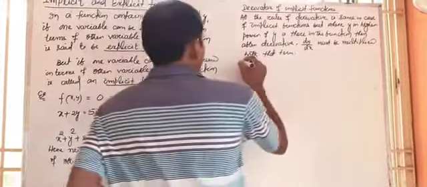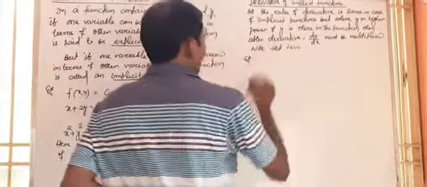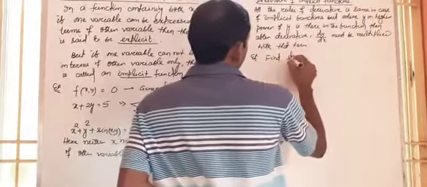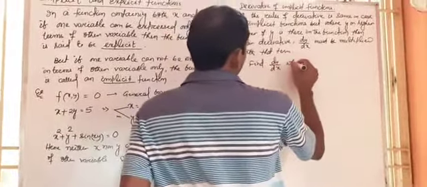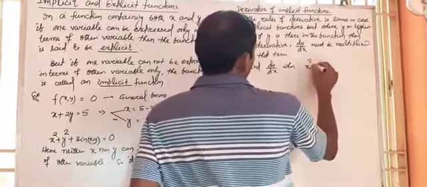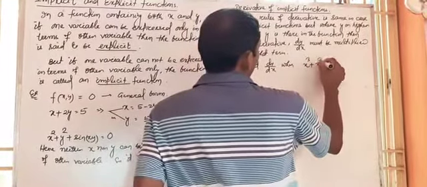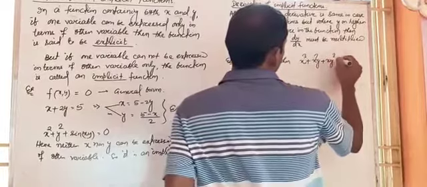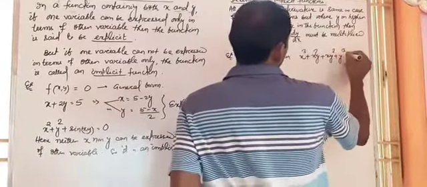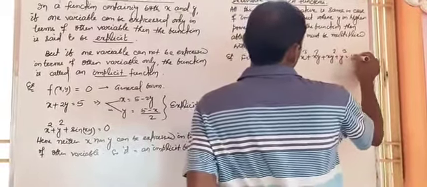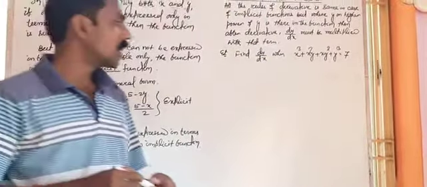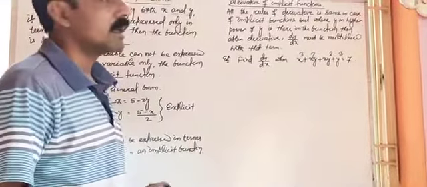For example, the question is: suppose find dy by dx when x cube plus x square y plus xy square plus y cube is equal to 7. This is the function, and you have to find dy by dx from this.